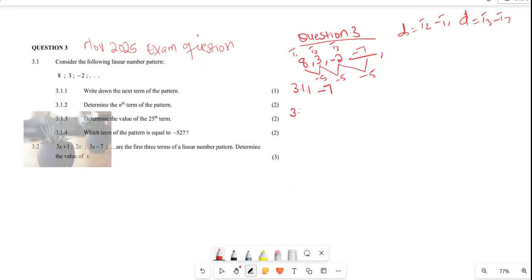So the 3.1.1 answer is -7. And then 3.1.2, determine the nth term of the pattern.